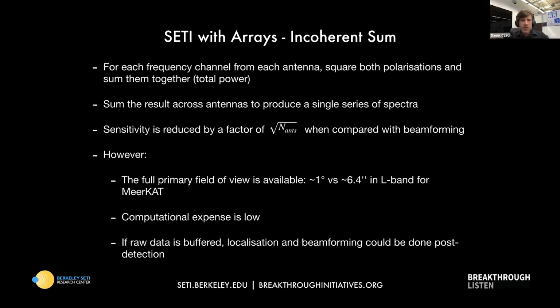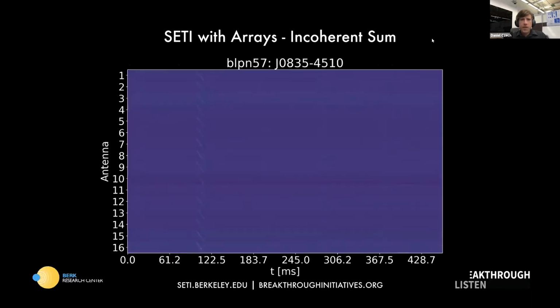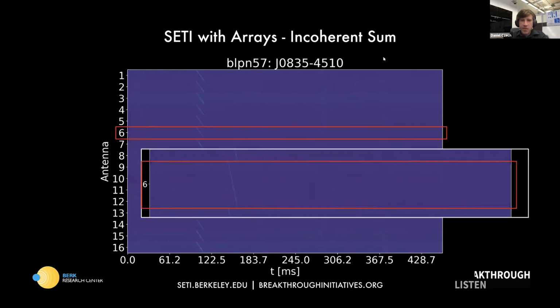So just to illustrate this, I have an example here. What you see here are a series of waterfall plots like the one I showed earlier. This is from MeerKAT using the Reusable SETI system. You can see each strip across, from left to right, is the same piece of the band from each of 16 antennas. This is a close-up of what one can see there.